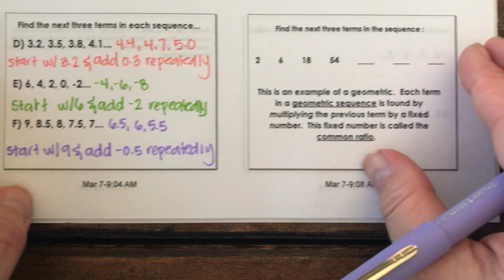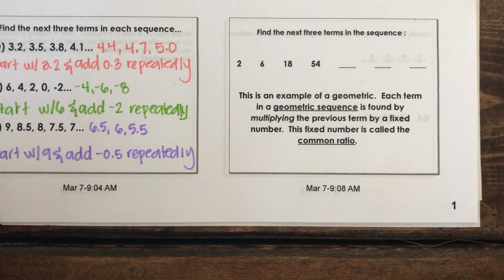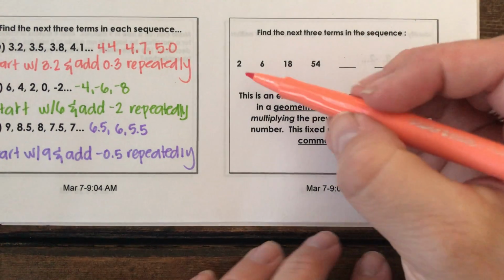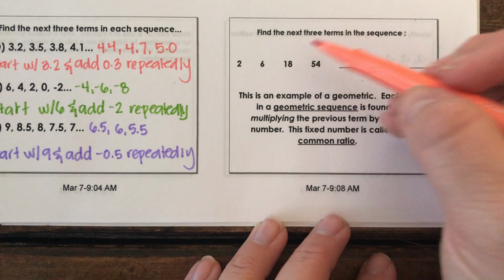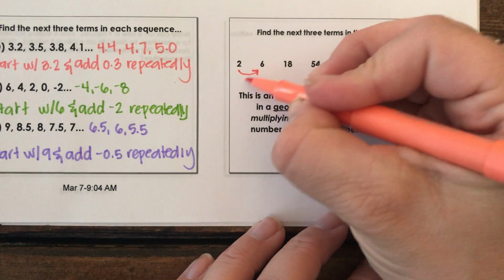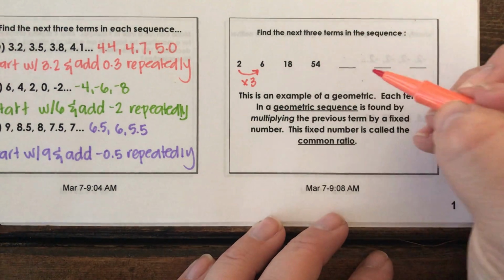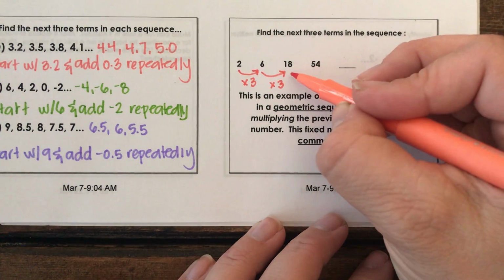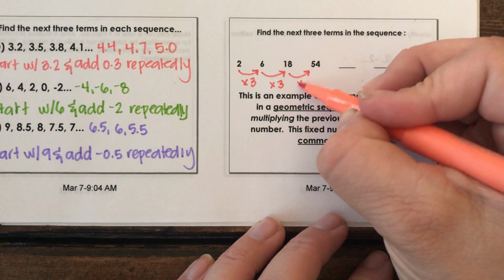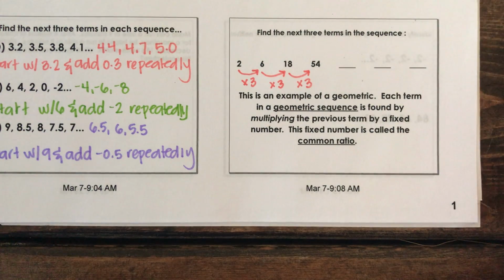Okay, let's look at the next sequence that starts with 2 and 6. So that's +4, but then am I adding 4 to go to 18? No, so we're gonna do 2 times 3 is 6. 6 times 3 is 18. 18 times 3 is 54.